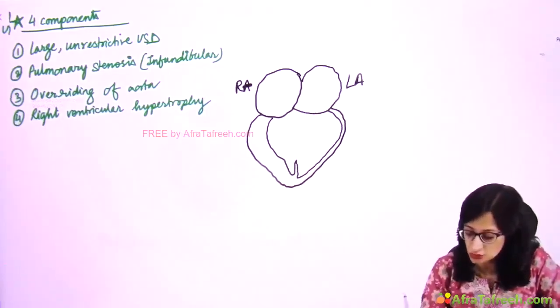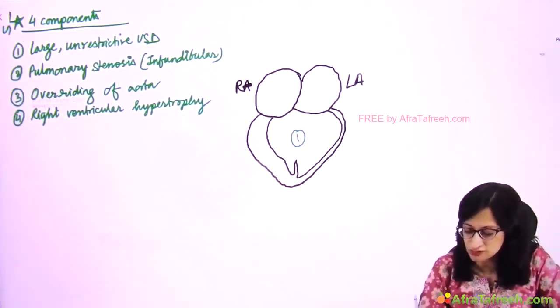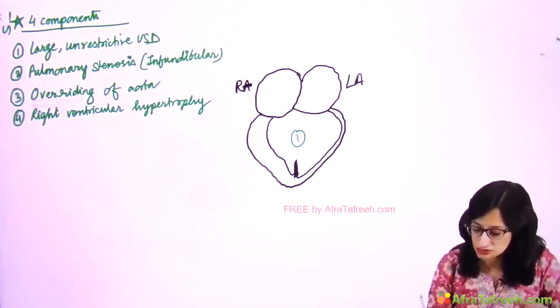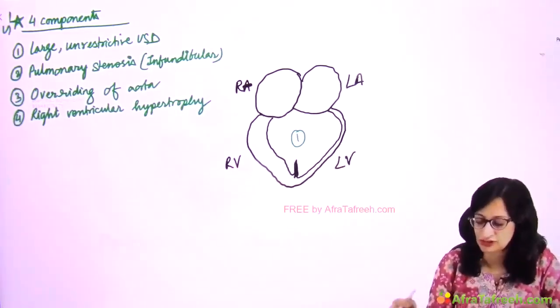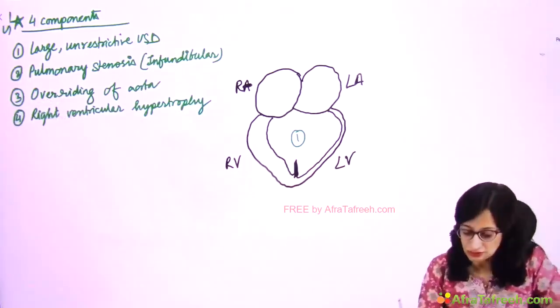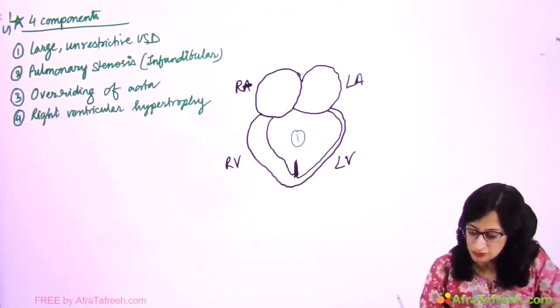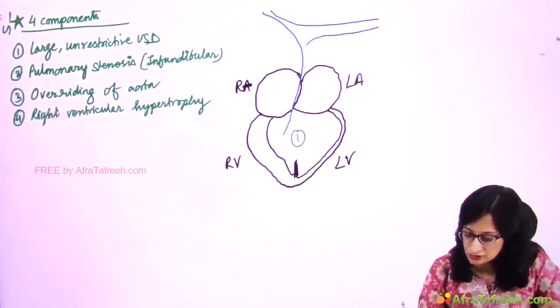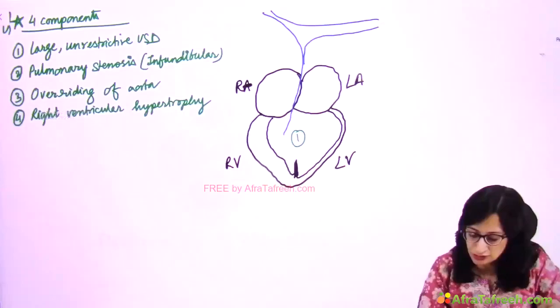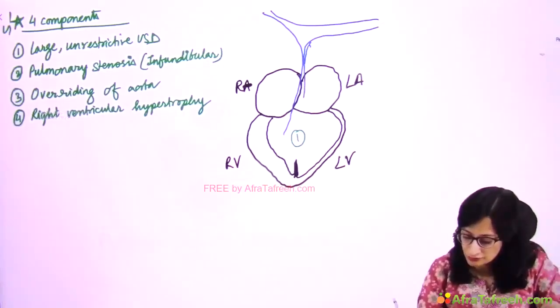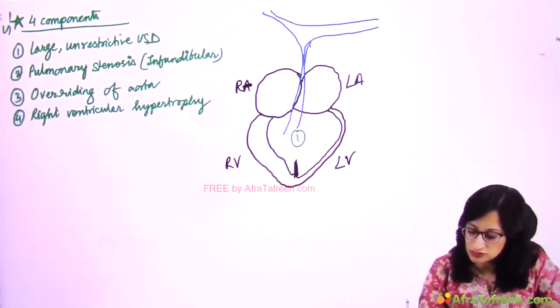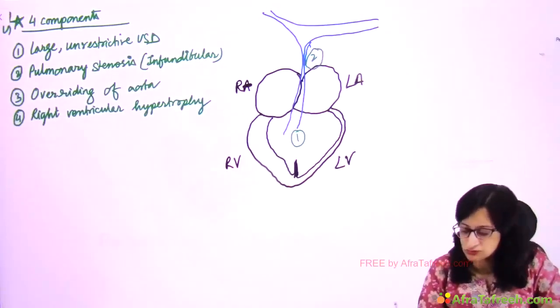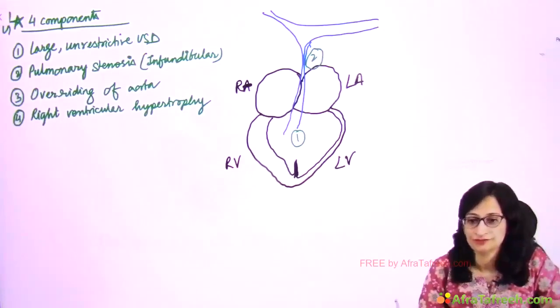Can you appreciate how huge this VSD is? The ventricular septum is just so little a part here. The rest is all VSD. This is the right ventricle and the left ventricle. They are communicating and acting like a single chamber. Then we said pulmonary stenosis, infundibular pulmonary stenosis. This is the pulmonary artery and this is the narrowing in the pulmonary artery.